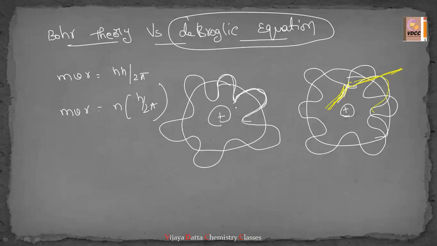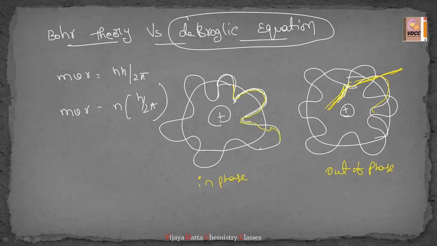So he considered the circumference of the circle. If the two terminals are not touching, they are out of phase. When the two terminals are touching each other, they are in phase and the crests and troughs repeat.